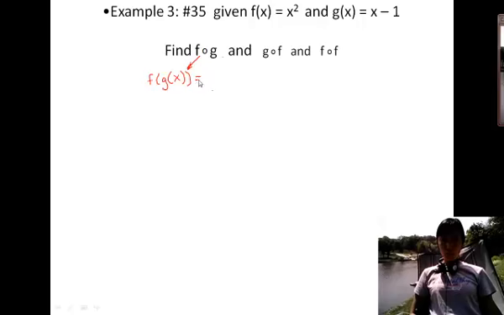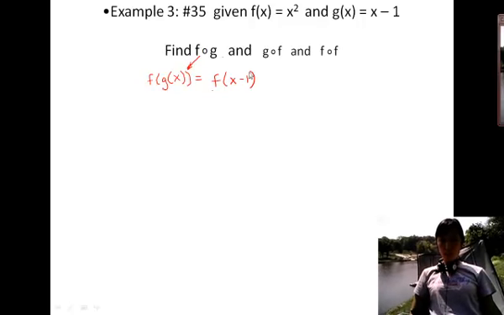So here you're going to take g of x and input it into your f function. So what exactly is g of x? Well, it's defined as taking some sort of input and subtracting 1 from it. So I'm going to write that as taking an input and subtracting 1 from it. That's what g of x is defined as.